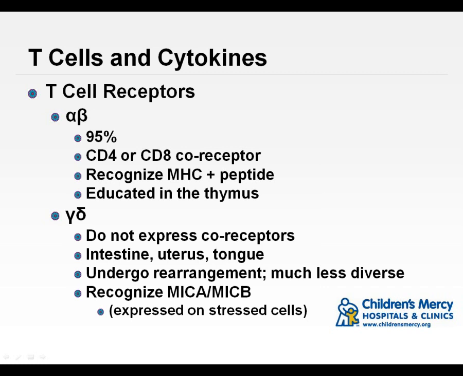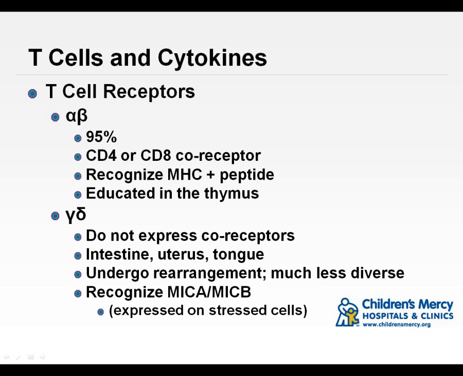All T-cells, we know from caring for children with DiGeorge, are educated in the thymus in order to be a T-cell. Pre-T-cell till it's been to the thymus. So if you don't have a thymus, your T-cell counts are absent or very low if you have very little thymus. And then there's a second broad category of T-cells called gamma delta T-cells that don't have co-receptors.